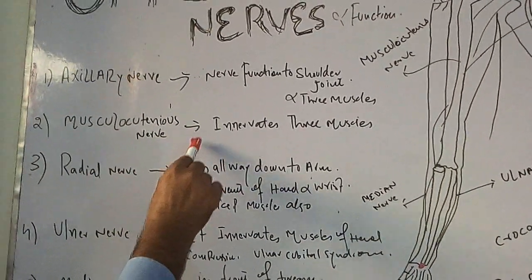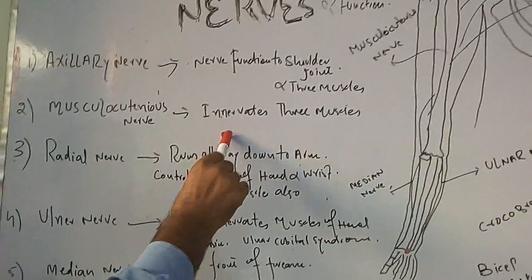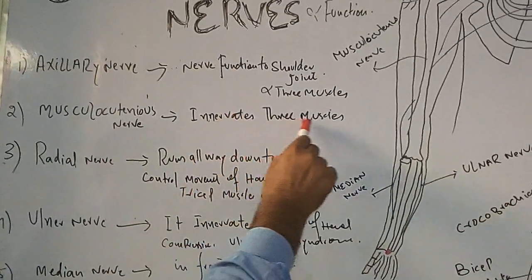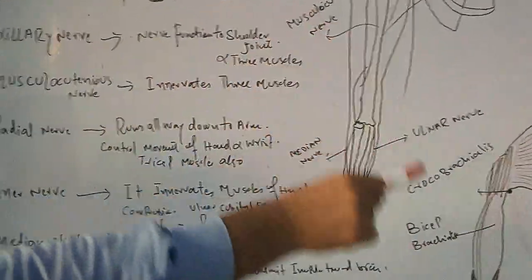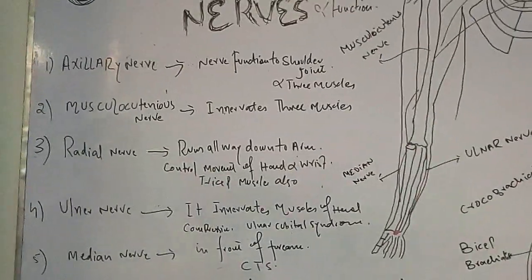An important function of this nerve is to innervate these three muscles, helping in the movement of the shoulder.